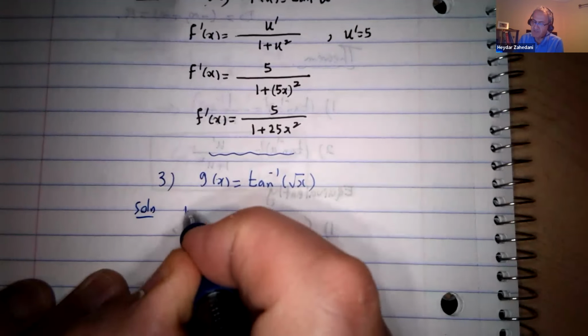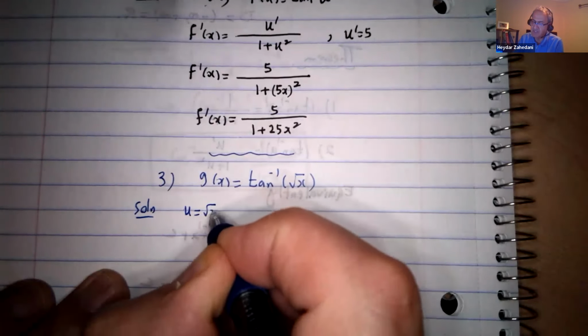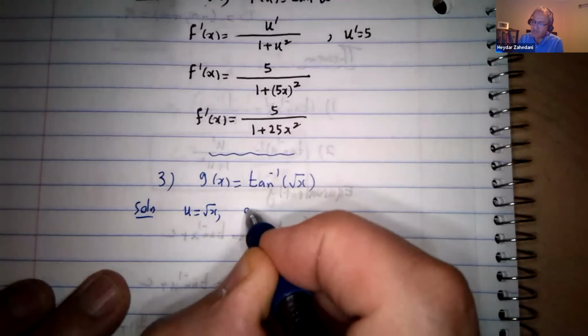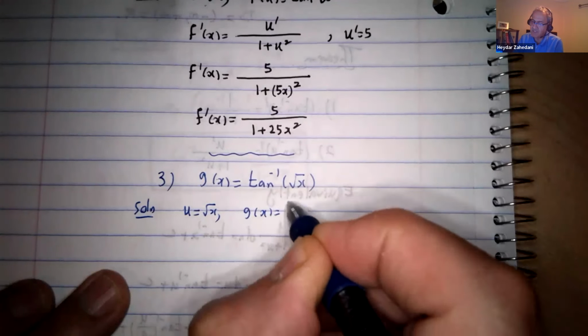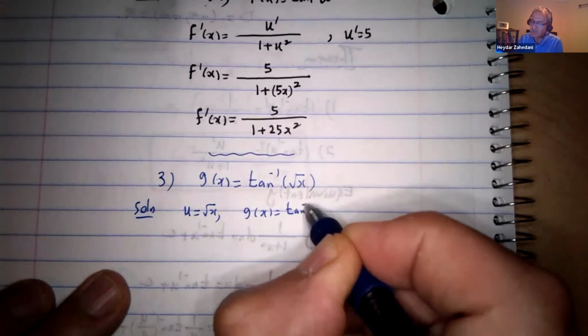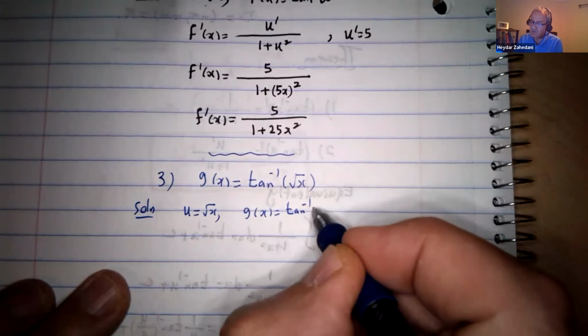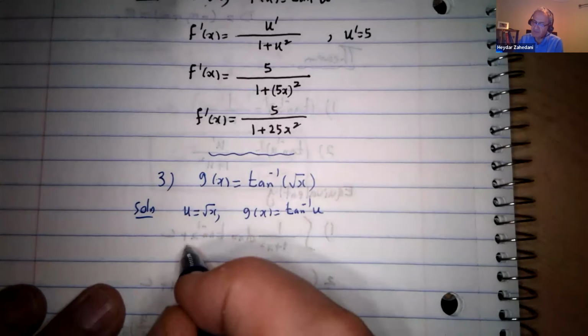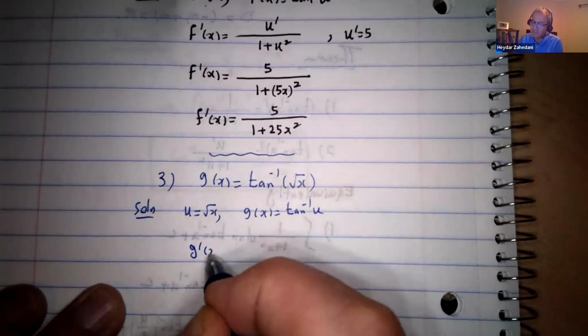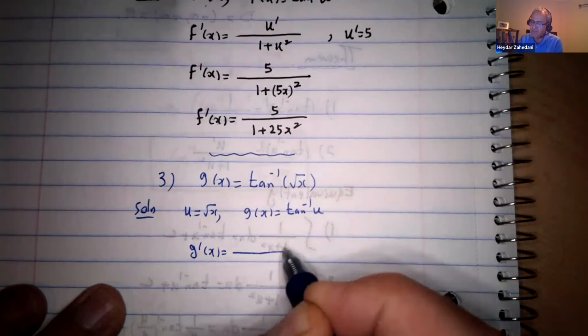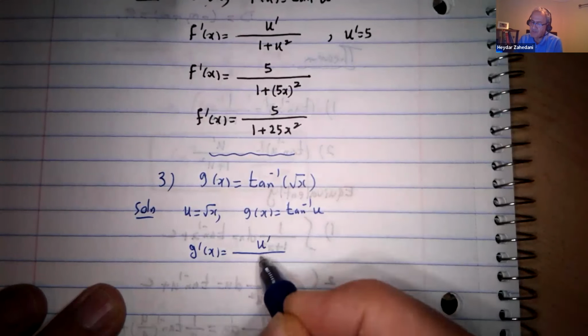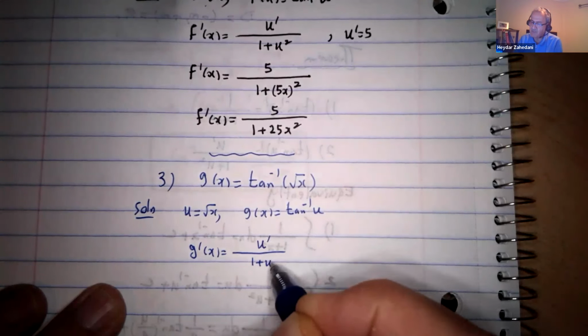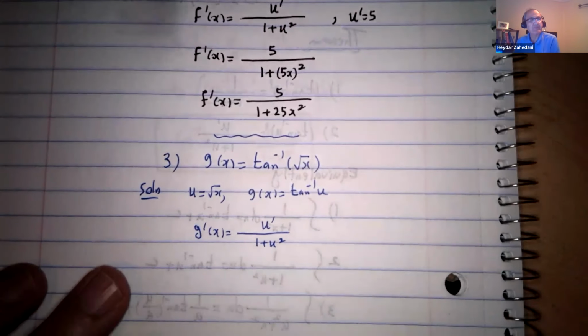you remind yourself that I take u to be radical x. So I have g of x equal to the tan inverse of u. Again, you don't have to, but you can prepare yourself by repeating the formula: u prime over 1 plus u squared. Now substitute.